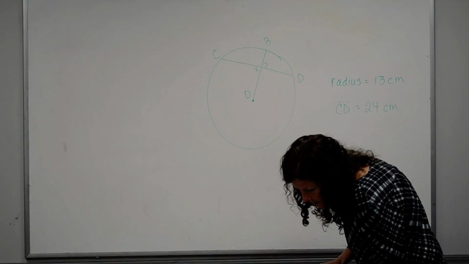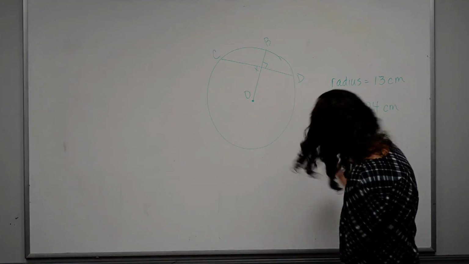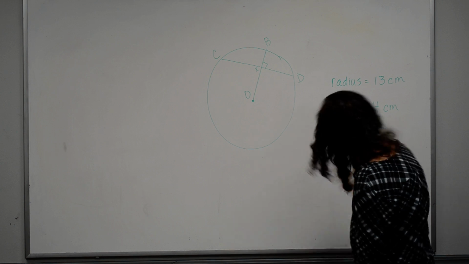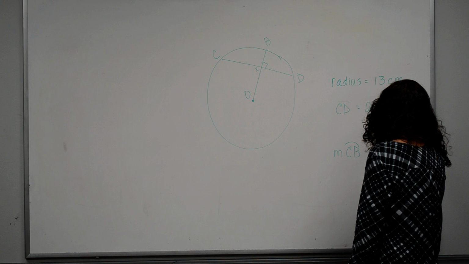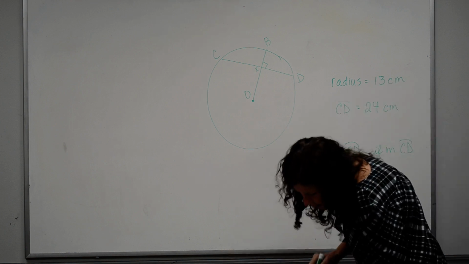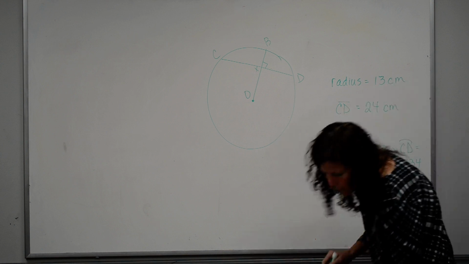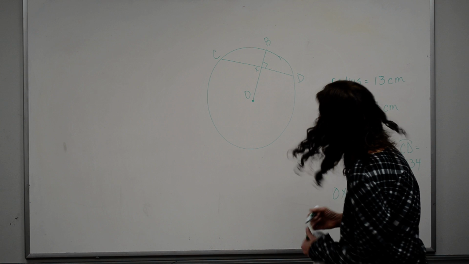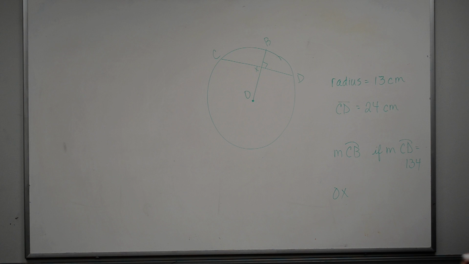It wants me to find the measurement of CB if the measurement of arc CD is 134, and it wants me to find OX. Okay, so we're going to look at this based on all that stuff up there.